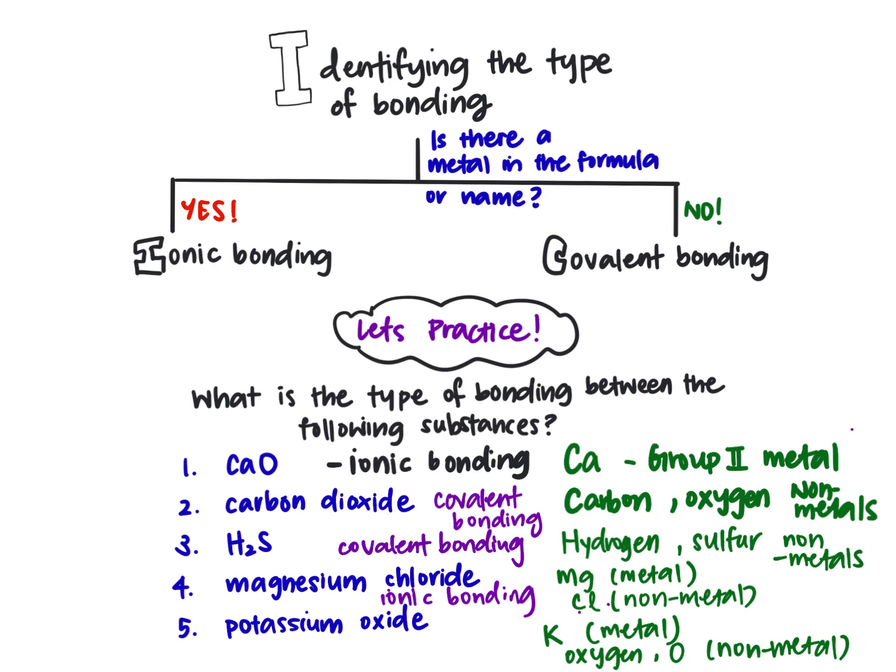So having a metal inside the compound, you have an ionic bond. So have you got it correct?